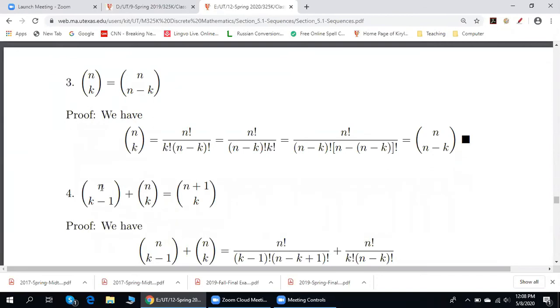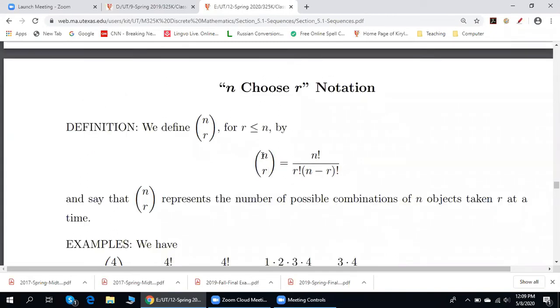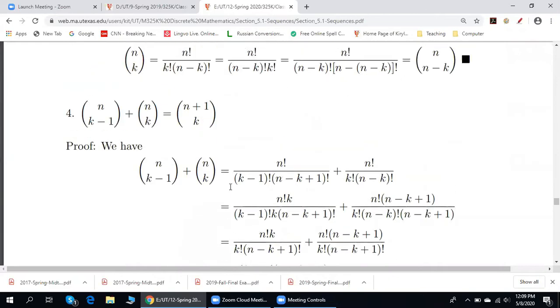Next, this formula, it's even harder to prove. Again, here's what we do here. We apply this formula in order to jump from here to here and from here to here. In this case, r is equal to k minus 1. In this case, r is equal to k. Done, done.